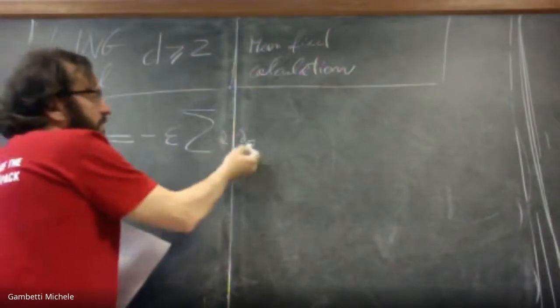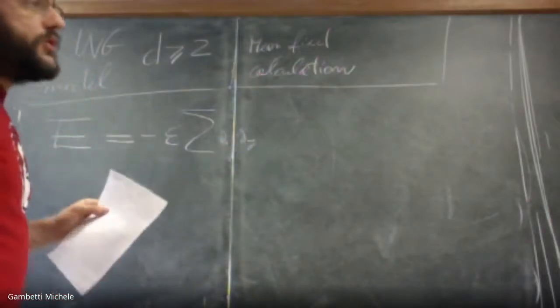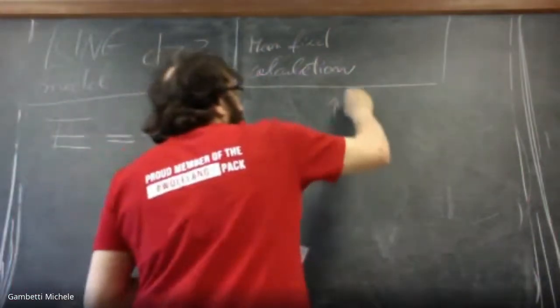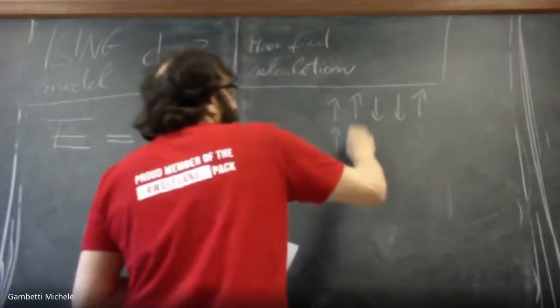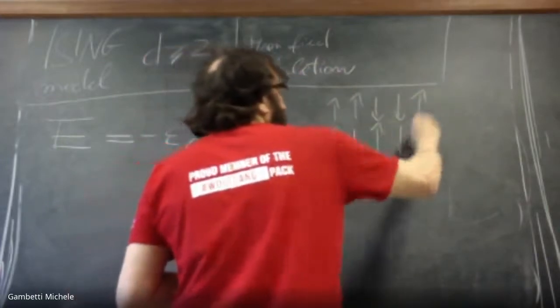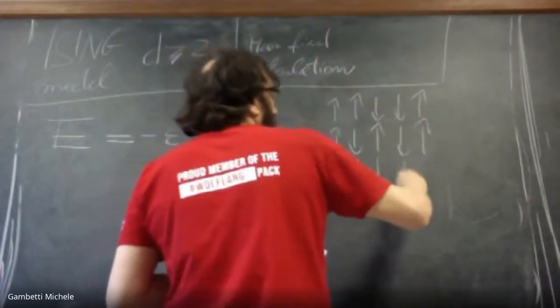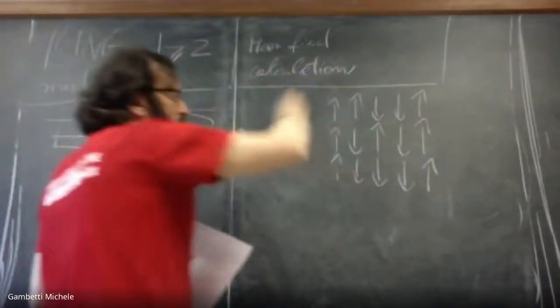Therefore, I have two indexes here, i and j, which corresponds to the fact that you can couple. So let's make an example with two dimensions. You can couple a spin with neighbors in all the directions in principle.